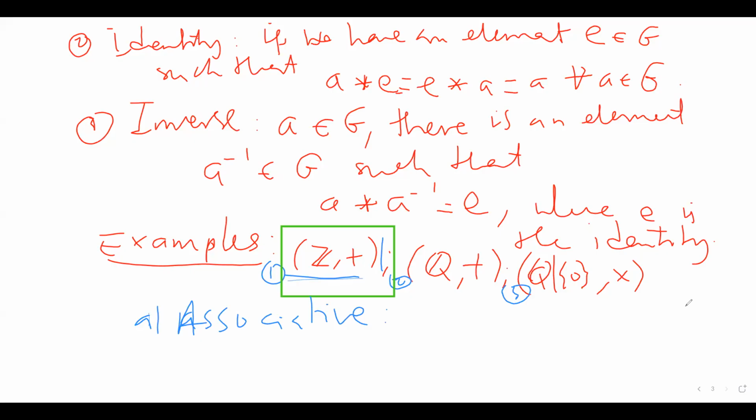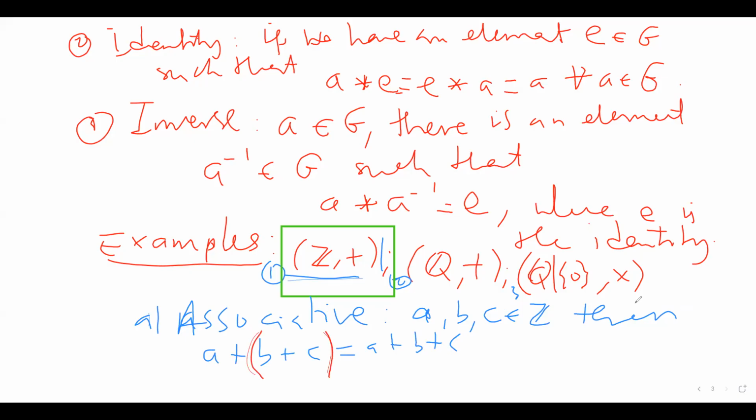You take A, B, and C in the set Z, then we say that A plus B, plus C, is equal to A plus B plus C. If we put our bracket here, and then put our bracket there, you know that we have satisfied our associative property.